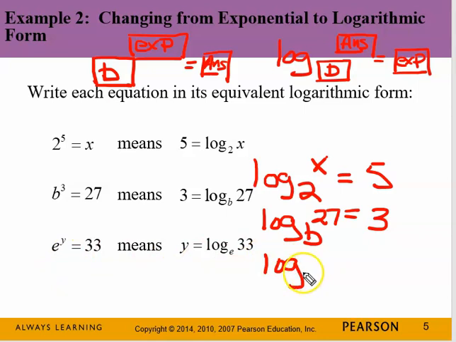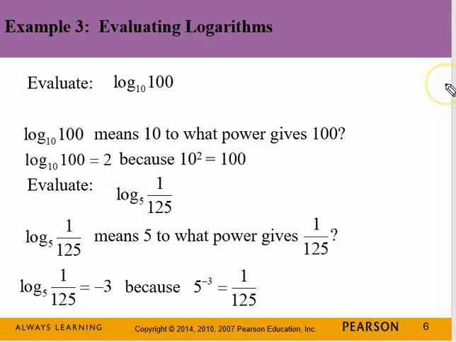Our base is Euler's e. Our answer is 33. And our exponent is y. Okay, again, following this protocol, switching back and forth should be relatively easy.